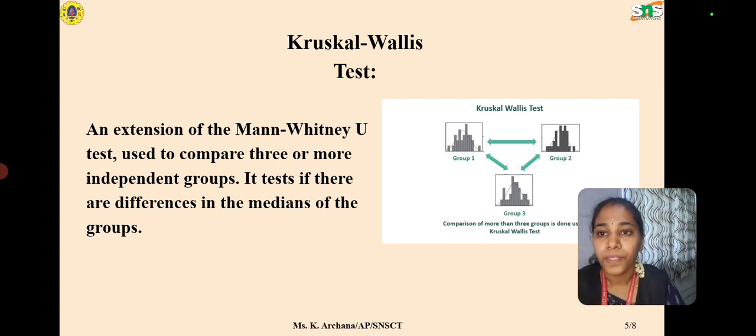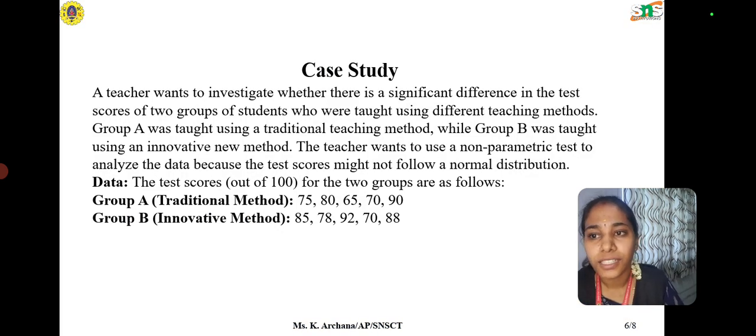Then there is a small case study in which a teacher wants to investigate whether there is a difference between group A and group B, who were taught using different teaching methods. Group A used the traditional teaching method. Group B used an innovative new method. The teacher wants to use a non-parametric test to analyze test scores which are not normally distributed.